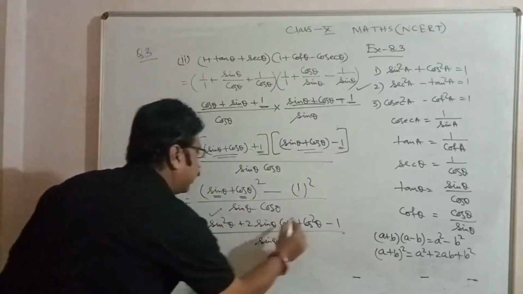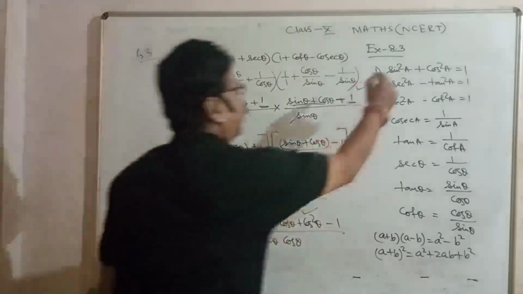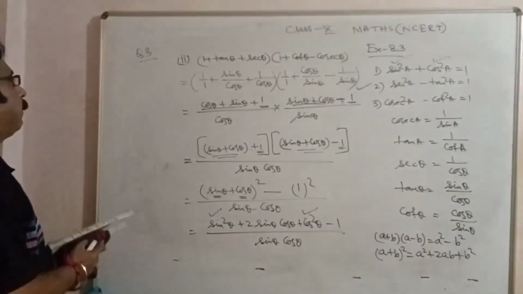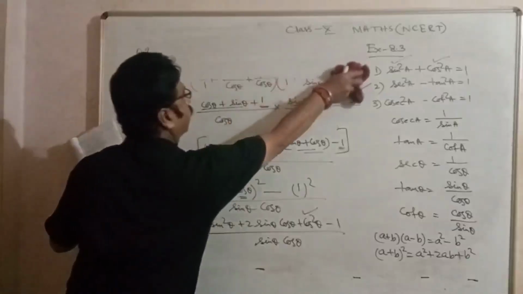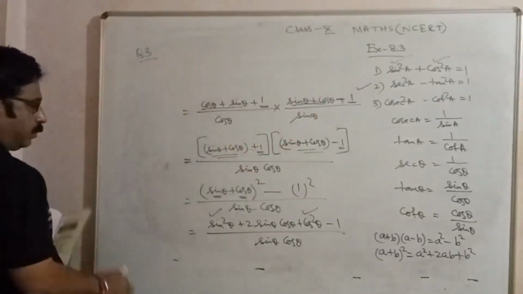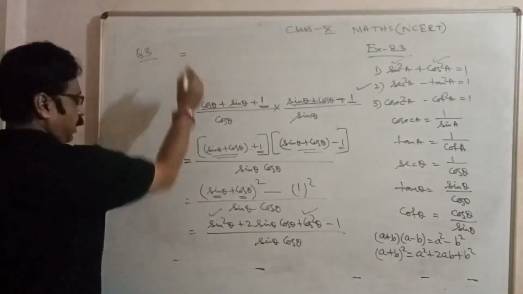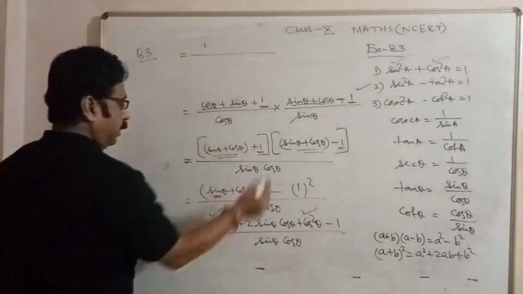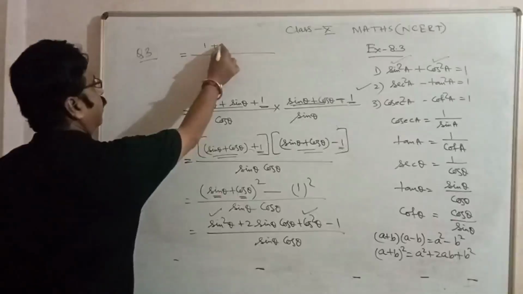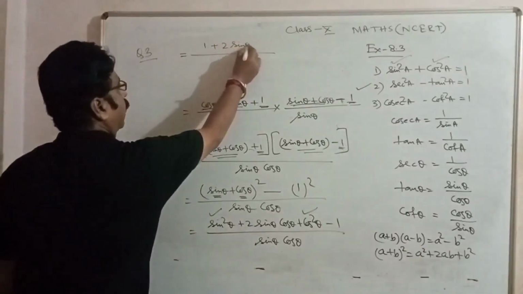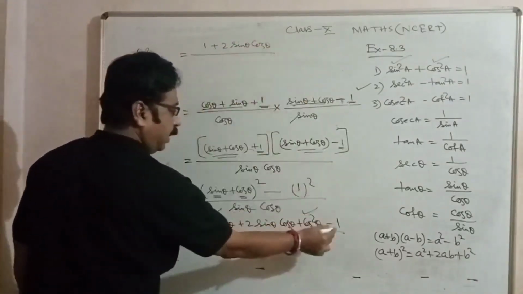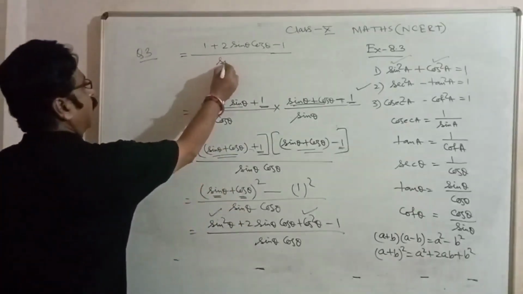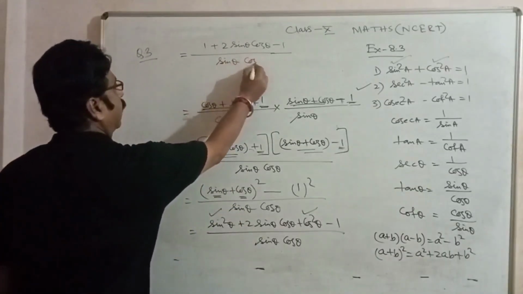Now, sin square theta plus cos square theta, that means 1, plus 2 sin theta cos theta, minus 1, upon sin theta cos theta.